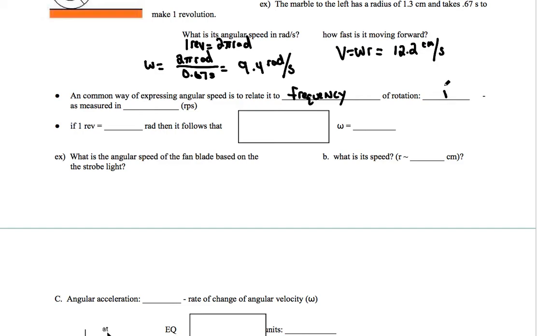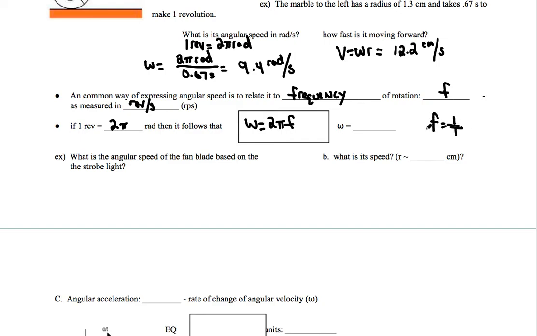Okay, which is given the symbol F for frequency, and it's measured also in maybe revolutions per second. So that is rev per second. If 1 rev is 2 pi rad, then what we can say is omega is equal to 2 pi times F. And the way we get there, by the way, is that we know that F is equal to 1 over the period.